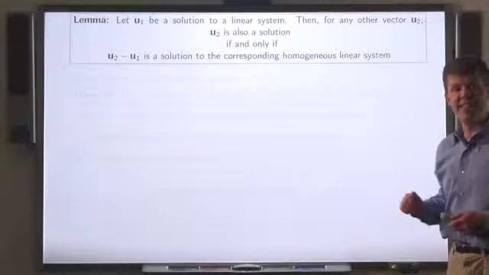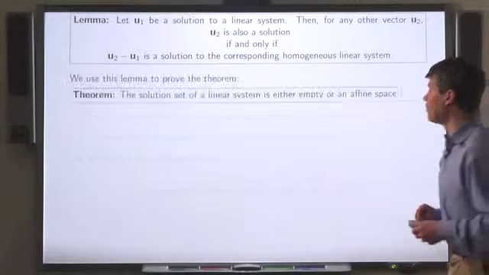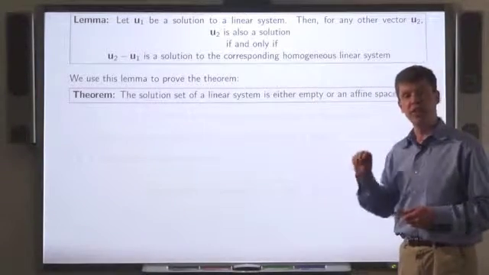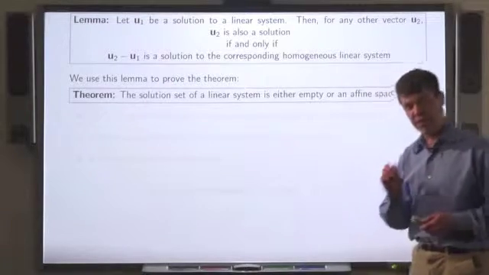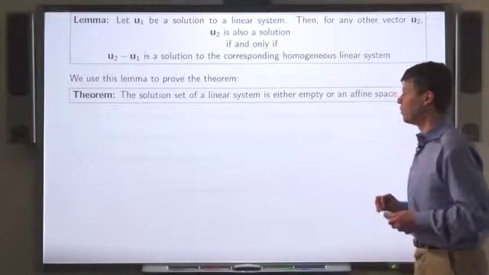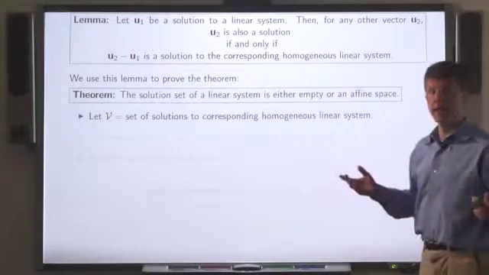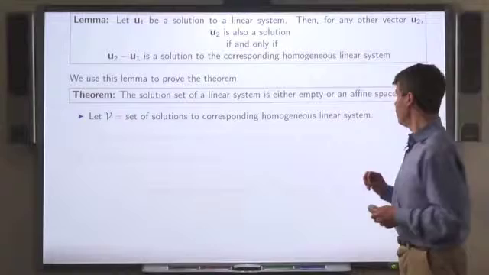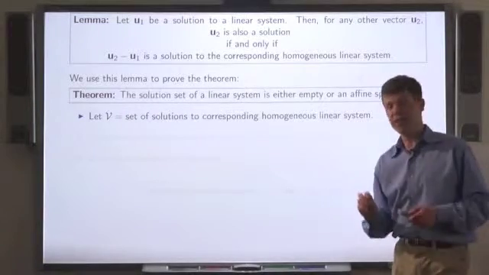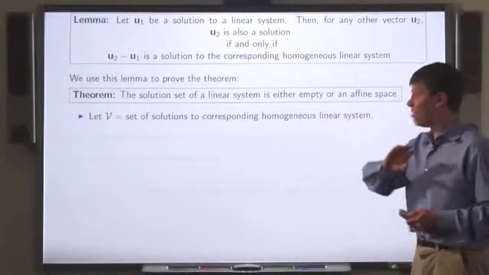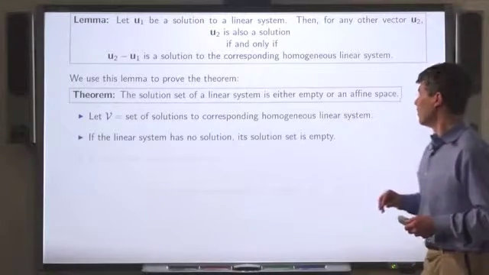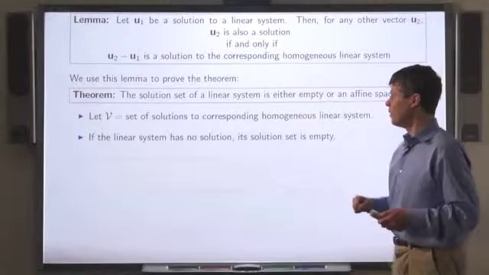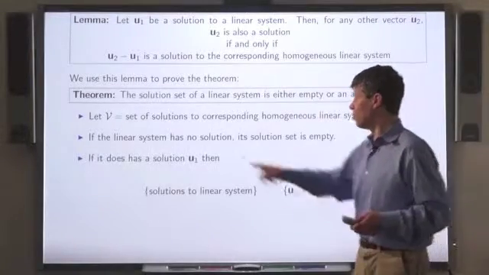So here's the lemma. Let's see how we can use it to prove the theorem. We need to show that the solution set of a linear system is either empty or an affine space. Let big V be the set of solutions to the corresponding homogeneous linear system. Now, there are two possibilities. If the linear system has no solutions, then its solution set is empty. That's this case. Otherwise, it has some solution, u1.